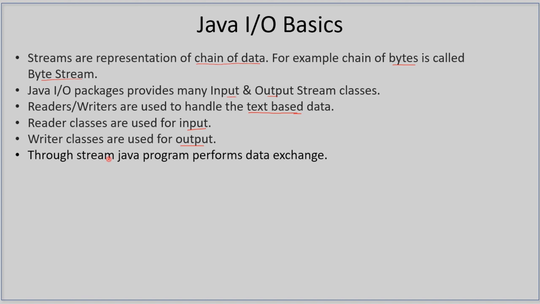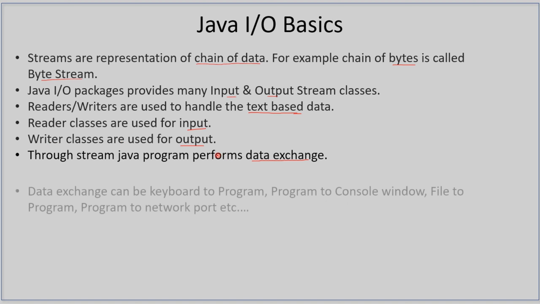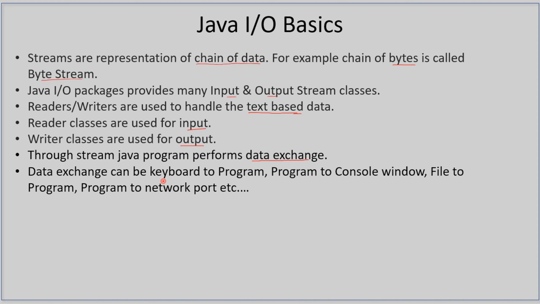Through streams, a Java program performs data exchange. Or through readers or writers, again Java performs data exchange. Data exchange can be seen as keyboard to a program. That's also a kind of data exchange. Program to console window: data is moving from the program to the console window.